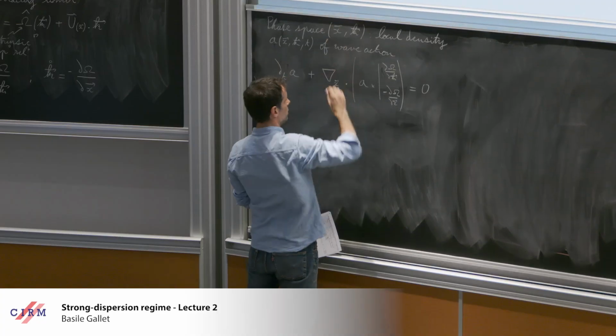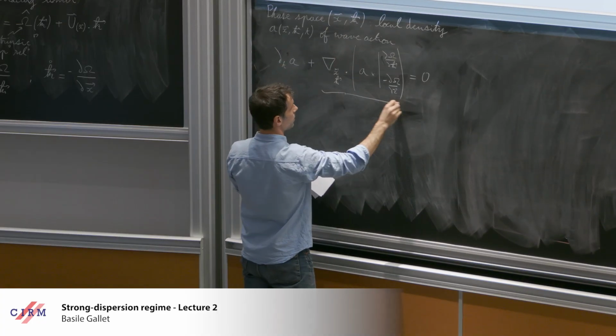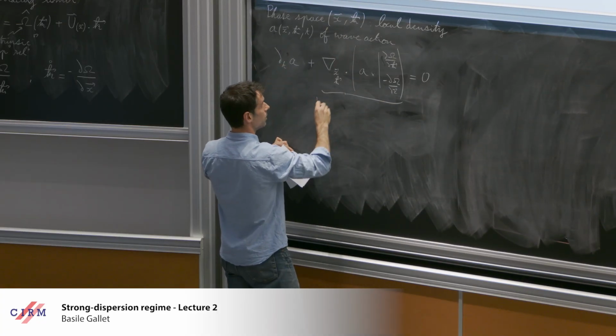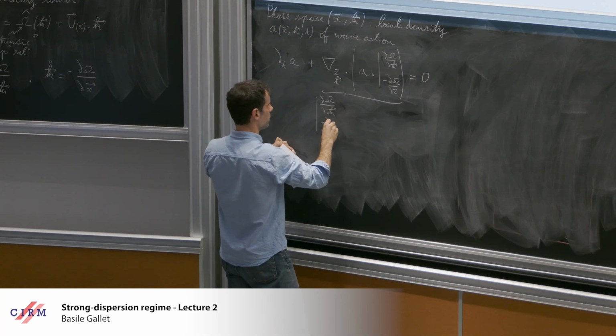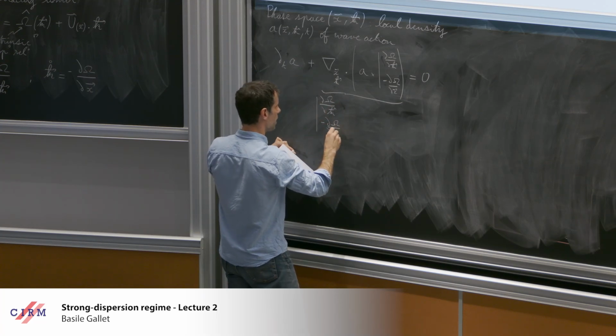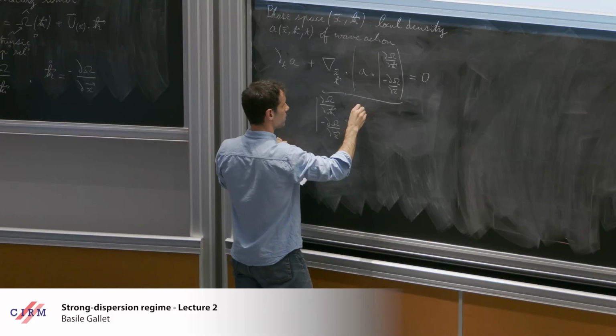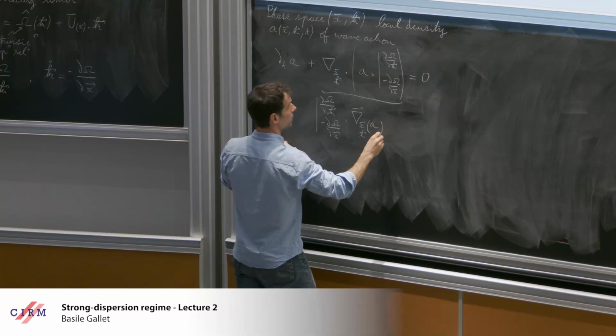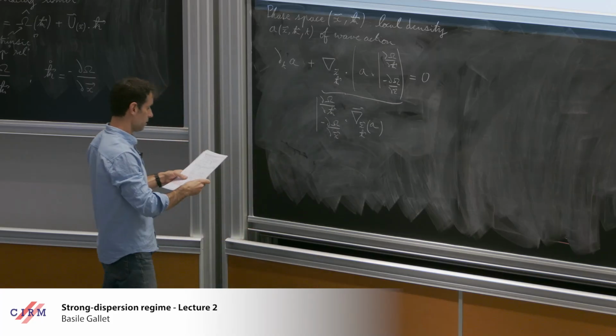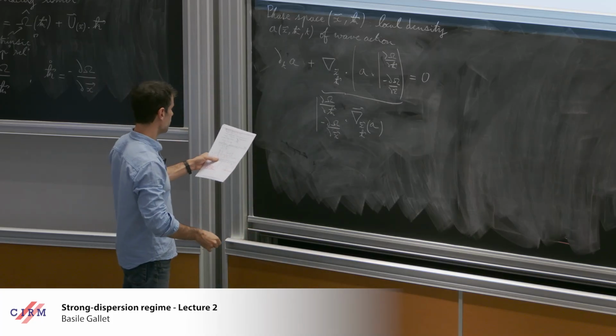So in fact, I can expand this simply as an advection term, d omega dk, minus d omega dx, dot the gradient in x k space of A. So that's the Liouville equation.